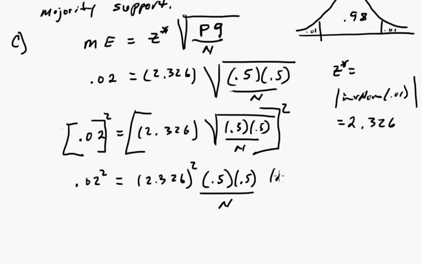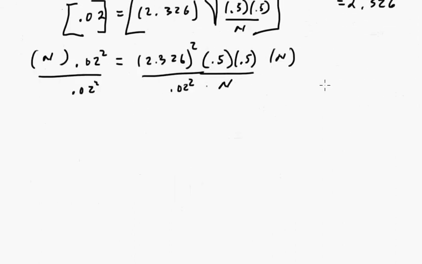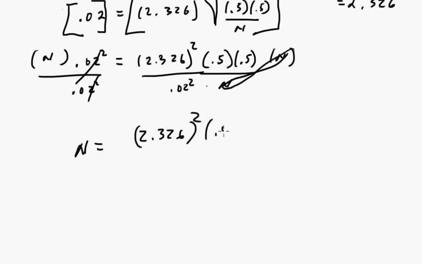Okay, so now I just multiply both sides by n, and at the same time divide by 0.02 squared. So this cancels, and I get n equals 2.326 squared times 0.5 times 0.5, all divided by 0.02 squared.